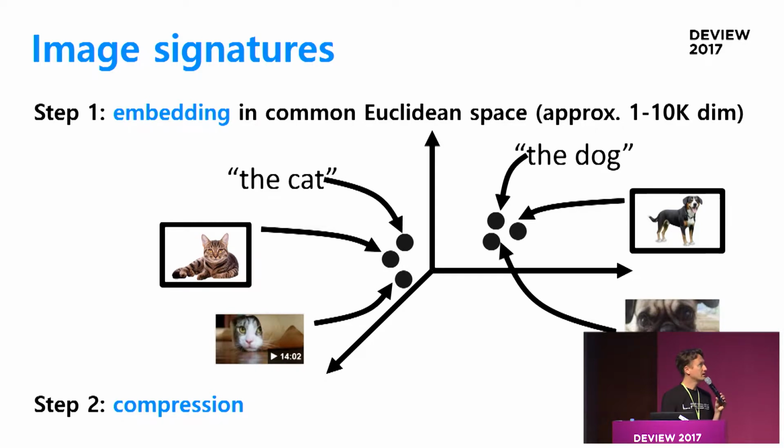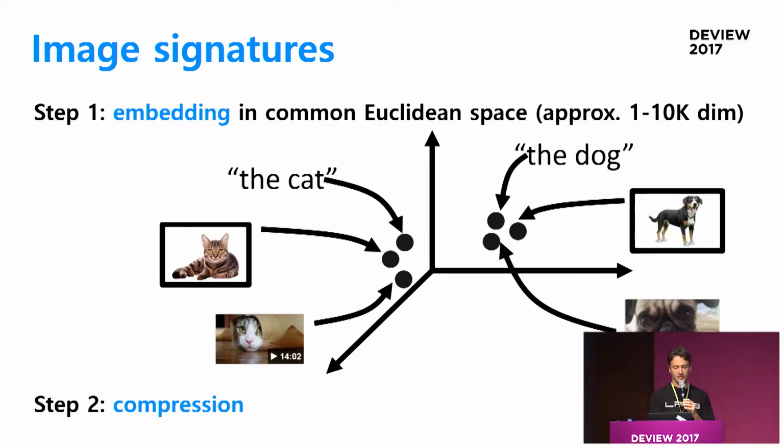So typically to compute our image signatures, our image descriptors, you have 2 steps. The first step is an embedding step, which involves projecting the data into a common Euclidean space, so that similar concepts are clustered together in this space. For instance, we would like the concept of a cat, the images of cats and videos of cats to be clustered together in this space, while we would like the concept of dog, images of dog, and videos of dog to be clustered together.